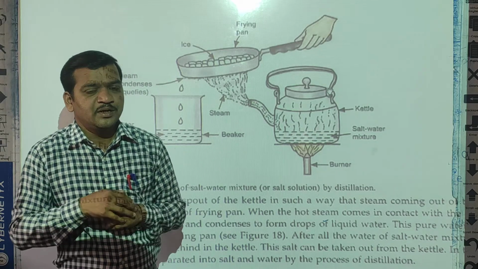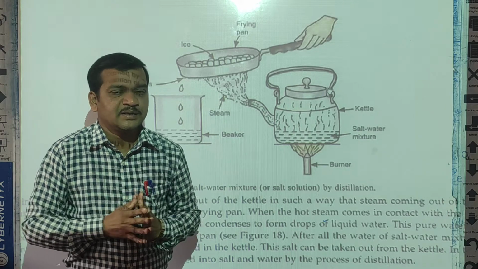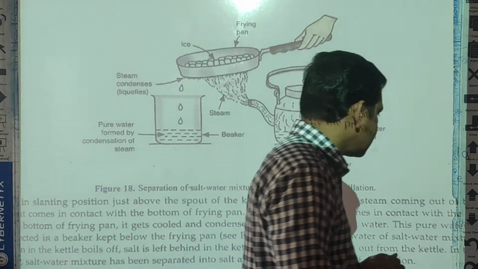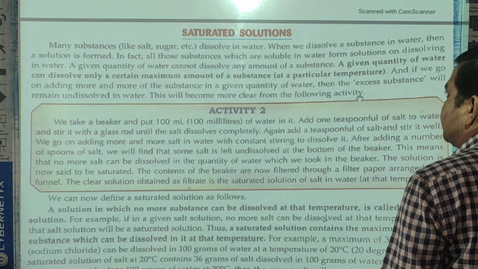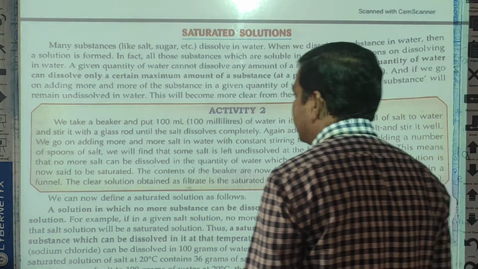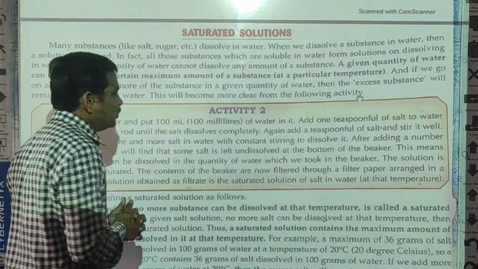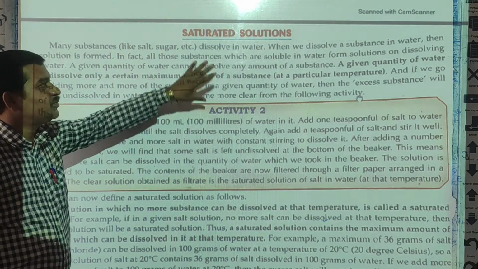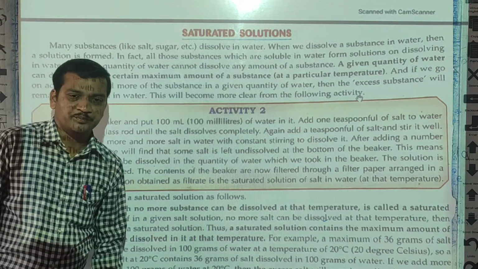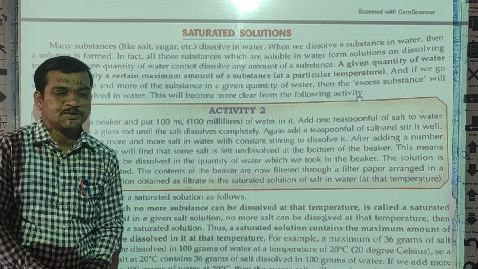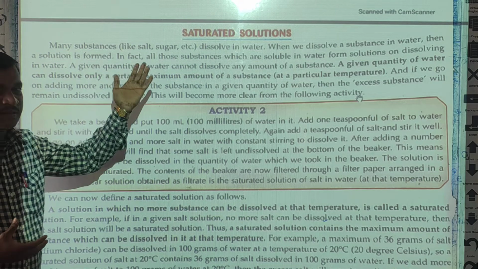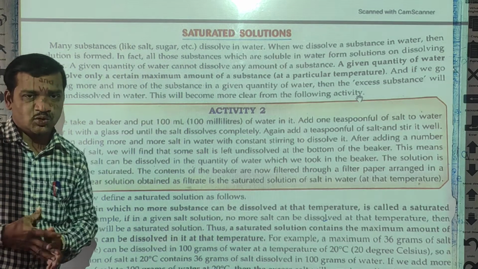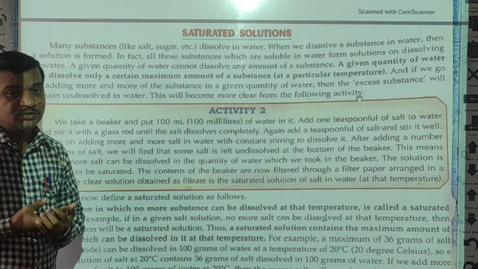Now we will go to the next topic, that is saturated solution. Actually this is not a method, but we can make a saturated solution, students. Now what is meant by a saturated solution? Okay students, just see the different substances which are soluble in water, like salt and sugar.